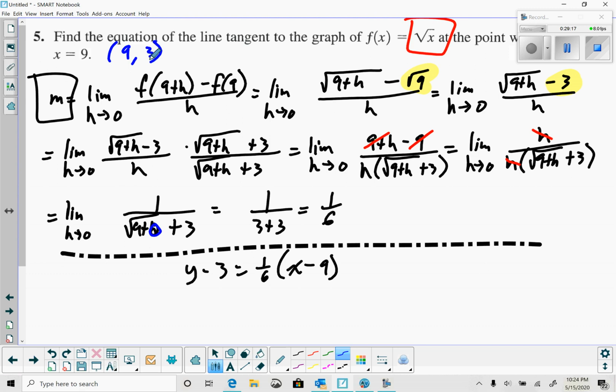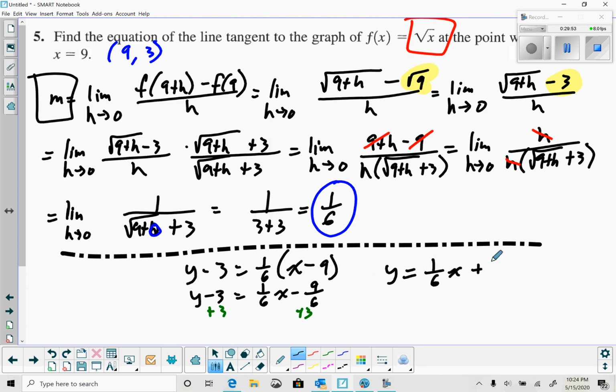So if we take those coordinates with our newly found slope, we can put that into the point slope formula. Y minus 3 is equal to 1/6 x minus 9/6. We'll add 3 to both sides and we'll get y is equal to positive 1/6 x plus 3/2.